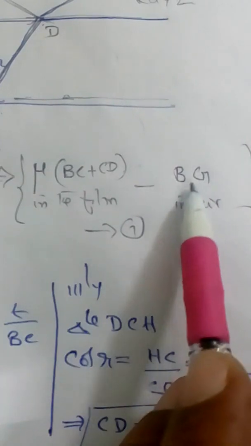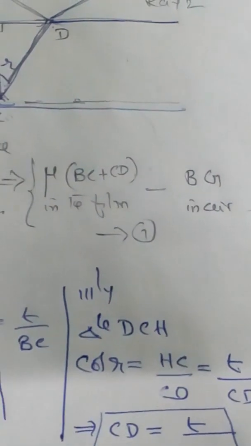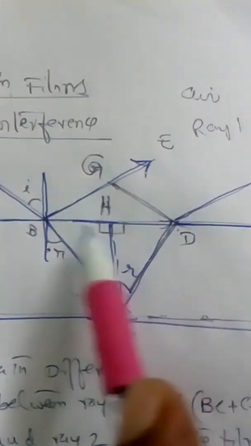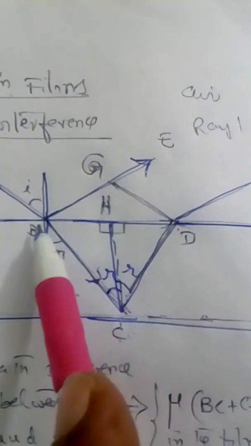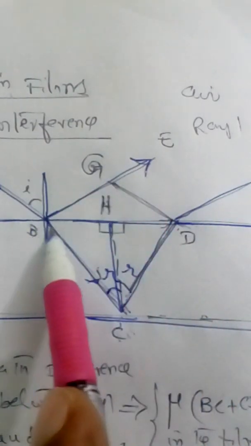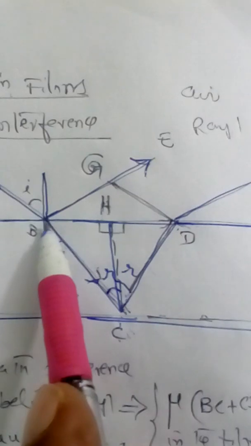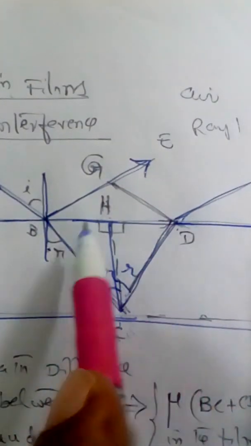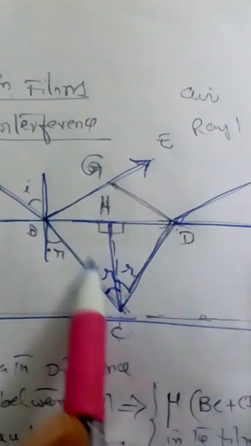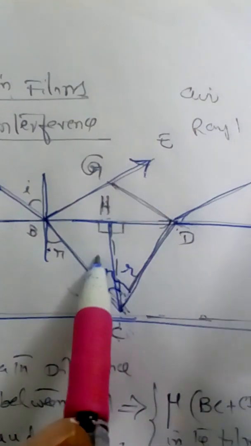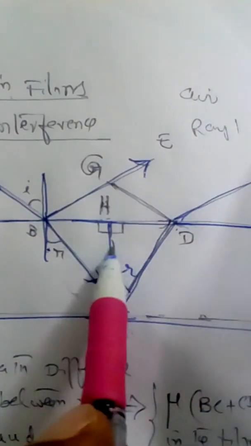This is what we have to find out before substituting. BG, you can see in the diagram, is in this triangle. To find BG you require this side, so first we have to find BD. But BD is BH plus HD. Clear? Now interestingly, BH is in this triangle and HD is in this triangle. So we will try to find them out.